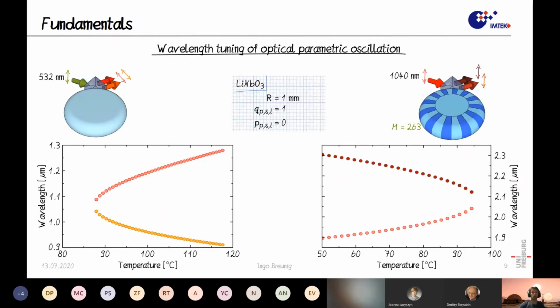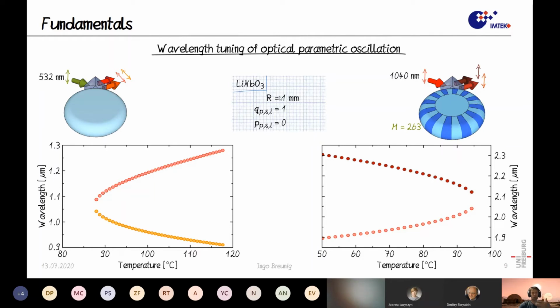Let's see what we can do with this phase matching. On the left-hand side, we see an optical parametric oscillator that is phase matched birefringently. Here we consider lithium niobate as the material.